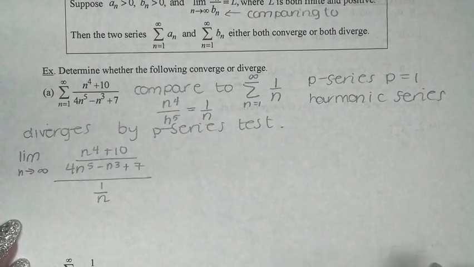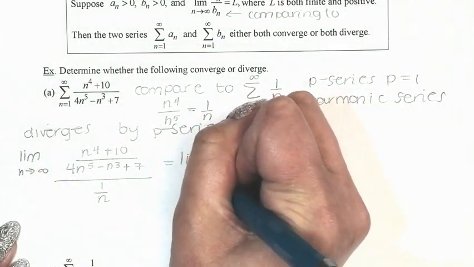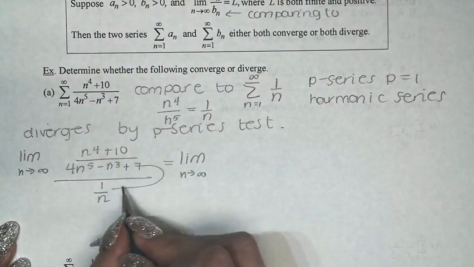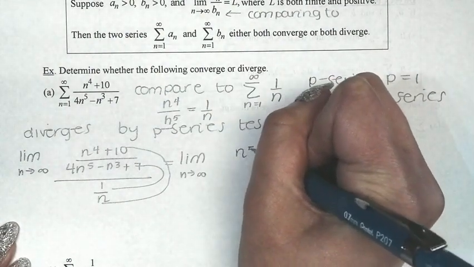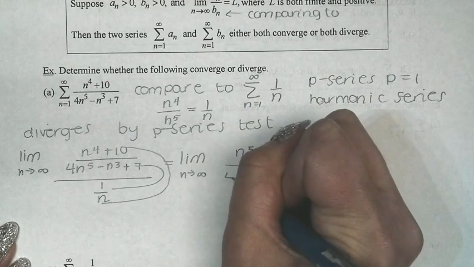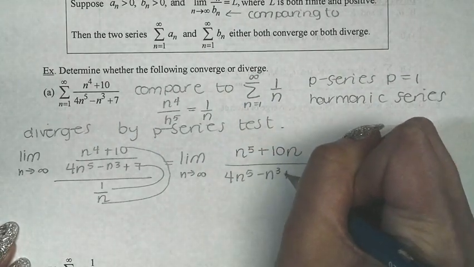You know your standard rule pretty well. If you don't remember, the insides together, the outsides together, so you have n power 5 plus 10n divided by 4n power 5 minus n power 3 plus 7.